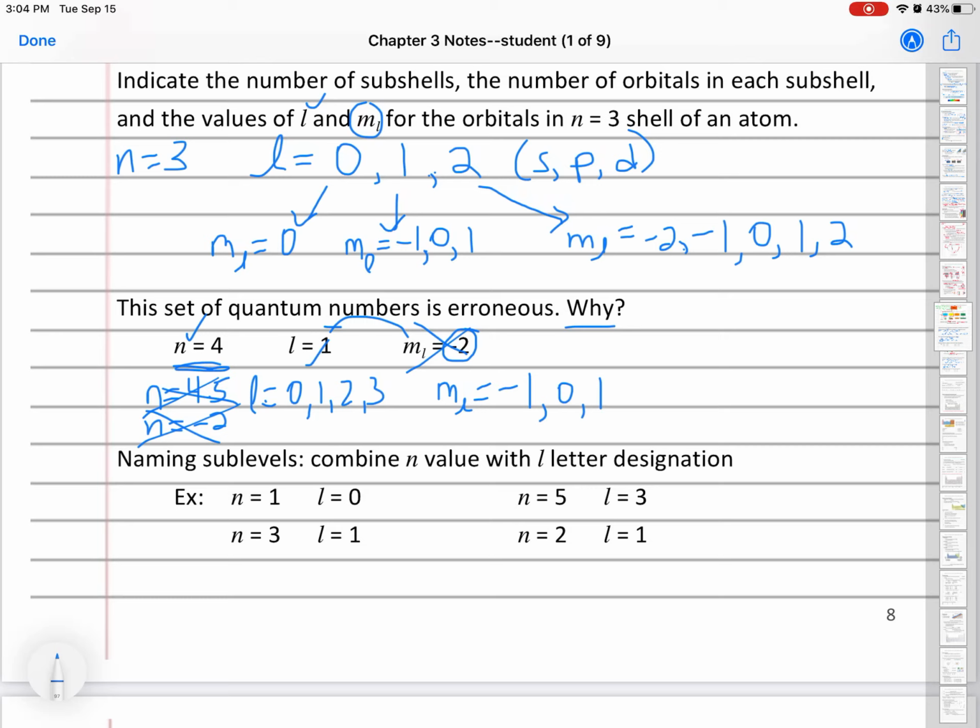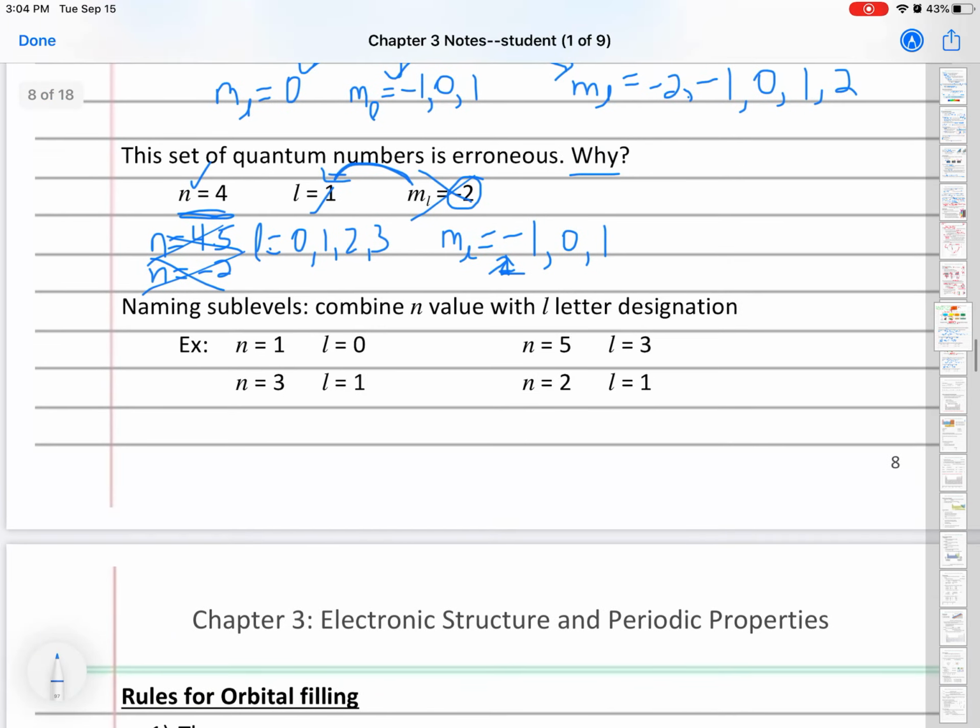It's not that it's negative. M sub L and M sub S can both have a negative value. It's that it doesn't fit. It's not possible with an L of 1. And magnetic spin can only be positive or negative 1/2, so any other number for magnetic spin would be erroneous.